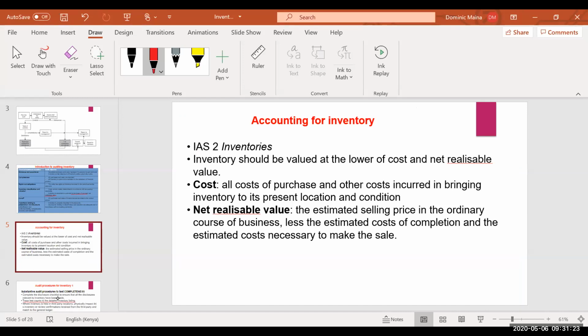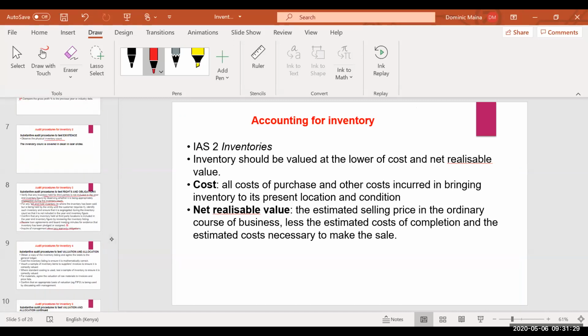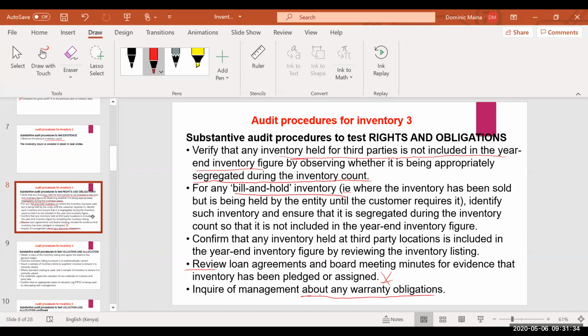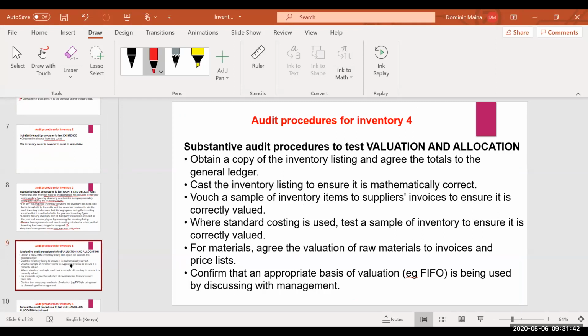Okay, welcome back for our second session. The last thing we were discussing was the rights and obligations. Now we discuss valuation and allocation.